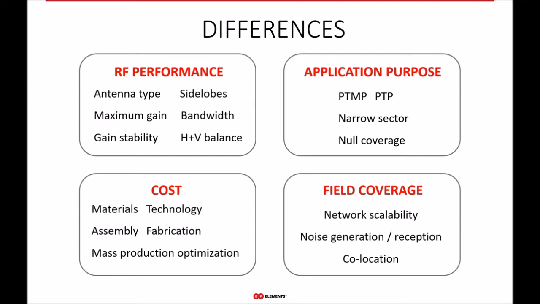WISPs are increasingly sobering up from the quote-unquote "cheaper is better" approach in terms of the hardware they choose to deploy. Although in the past there has not been much choice in terms of hardware, nowadays WISPs have gradually more and more experience and education to know that besides the price, the network stability, scalability, balance of the horizontal and vertical chains, or the coverage stability are the key elements to running a successful WISP.